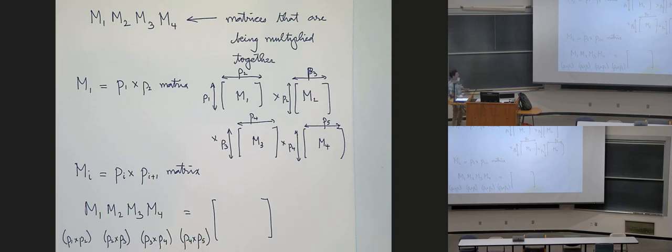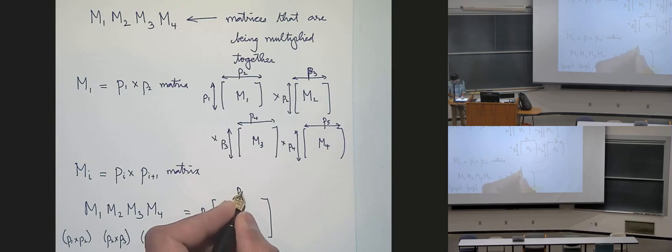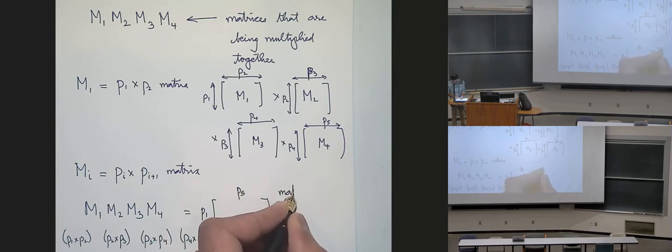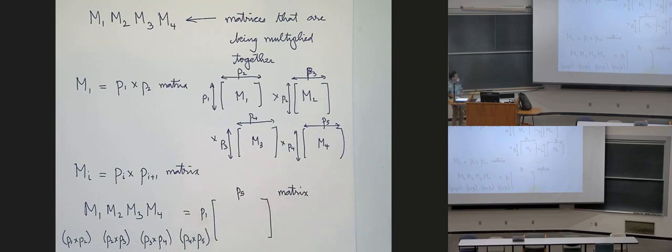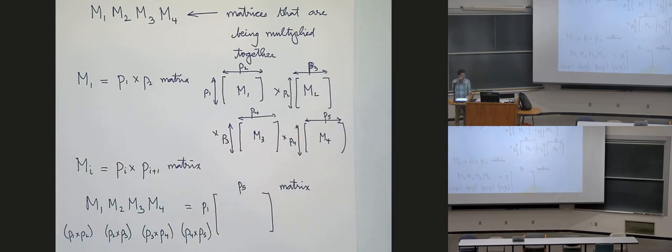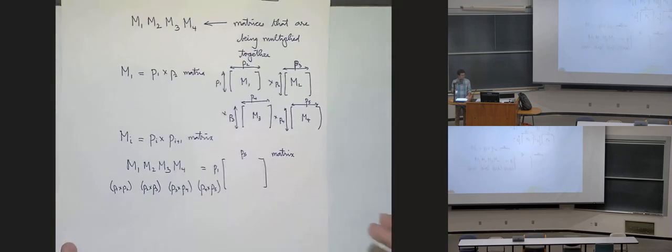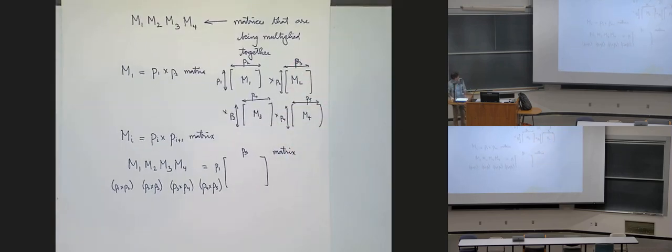So what are the dimensions of the final matrix going to be? Yeah? P1 cross P5. Right? Because when you multiply these two, you get P1 cross P3, then P3 cross P4, so on and so forth. So you end up with a P1 cross P5 matrix. Okay? So the dimensions are all different. So some matrices might be smaller, some might be larger.